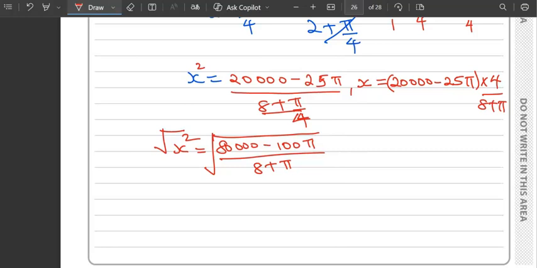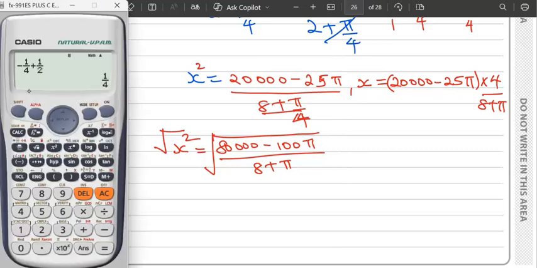So let's find the square root of this. The square root here, this one will be the square root of 80,000 minus 100 pi, everything over, just a minute.